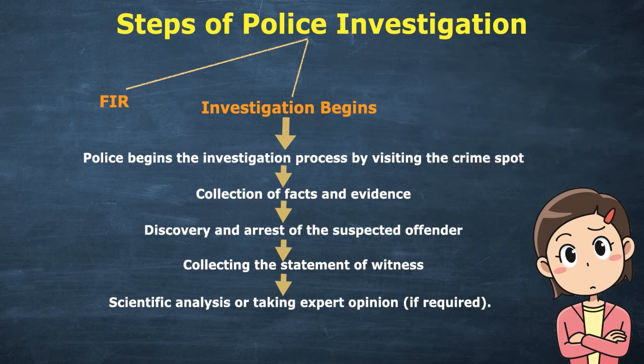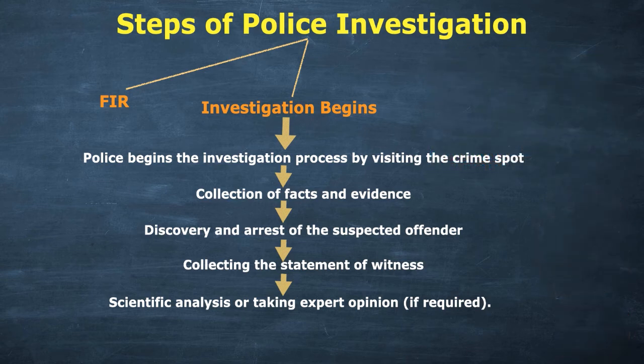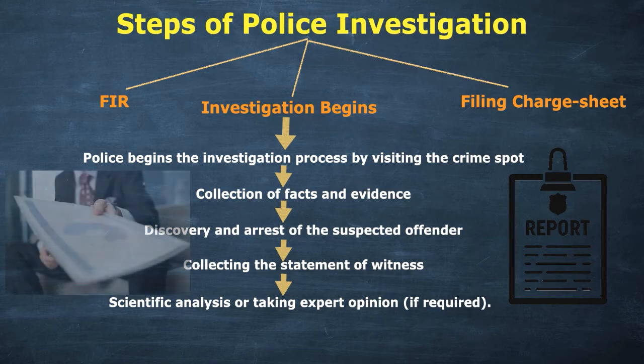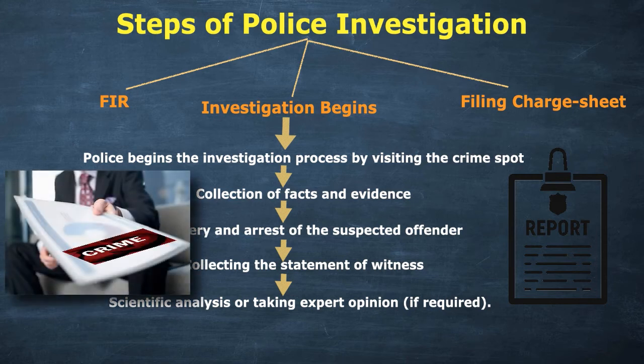Once all these steps are followed, the police prepare a charge sheet. And what is a charge sheet? It is the detailed report of the crime and the subsequent investigation that he did.